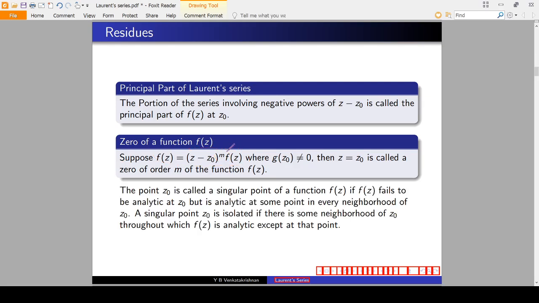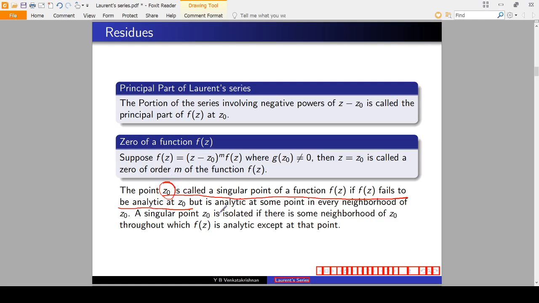And the next one is the singularity, which we have already seen. A point z is equal to z naught is called a singular point if f of z fails to be analytic at z naught. It is not analytic at z naught, but it will have analyticity at some point in every neighborhood. Then such a point is called the singularity.